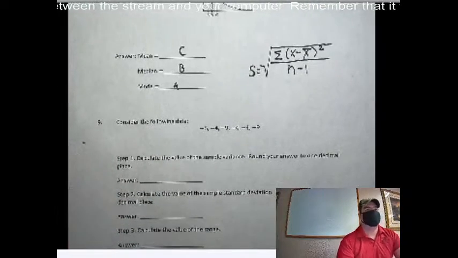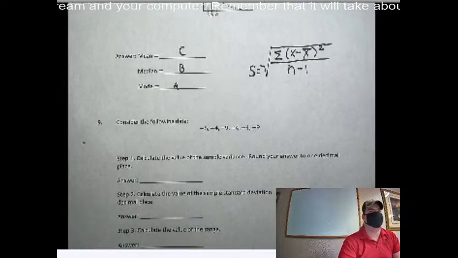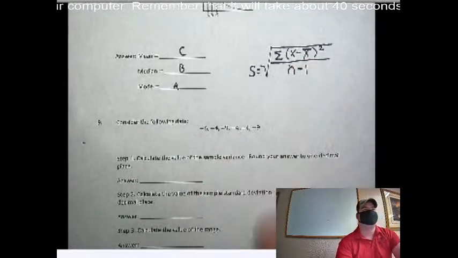So the first thing we need to determine is our mean, our x bar.